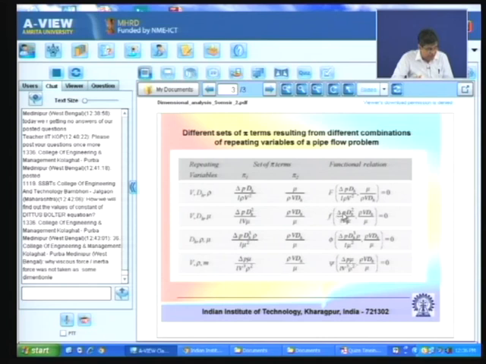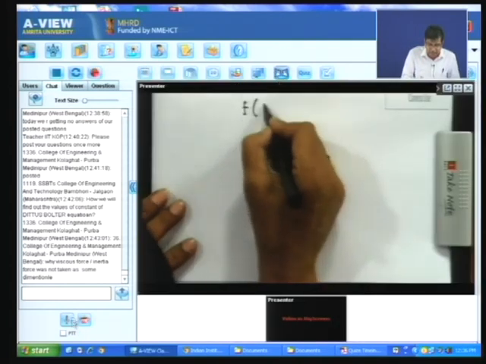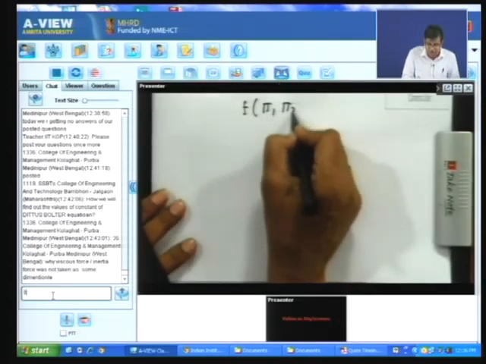For example, here pi 1 by pi 2 of set 2 is equal to pi 1 of set 1, and 1 by pi 2 of set 2 is pi 2 of set 1. So, another important corollary comes regarding the pi theorem: the number of pi terms remaining fixed, any combination of the pi terms also gives the same relation. For example, a physical problem is defined by this.